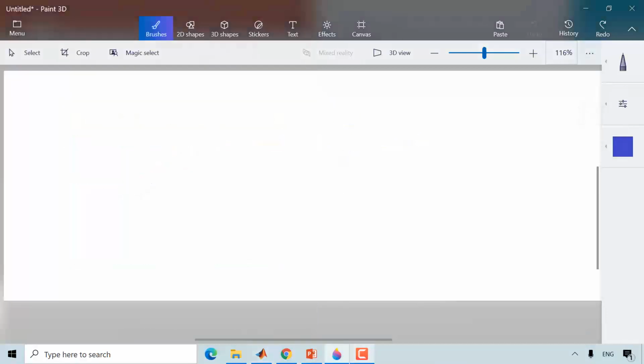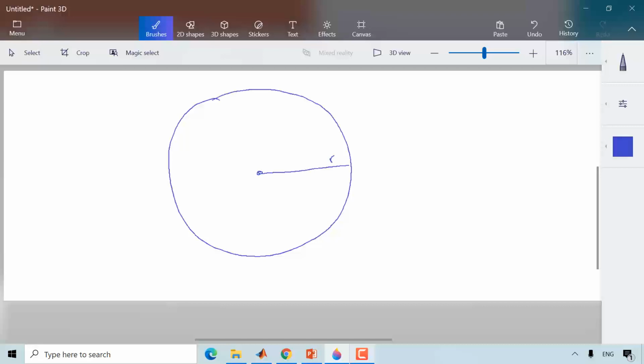So if I have a circle, and this is the radius of the circle, then I start making those squares, trying to fit as many of those squares as I can.